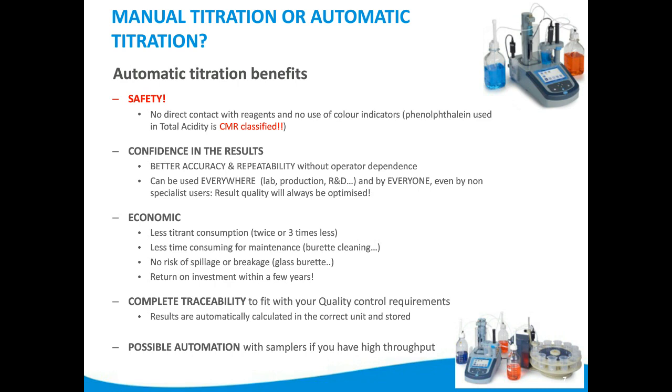It's economic because we use less titrant. Depending on the method, you can use twice or 3 times less titrant for each measurement. You need less titrant to clean the system also, so less time consuming, no risk of spillage or breakage of glass burette, and the return on investment within a few years.